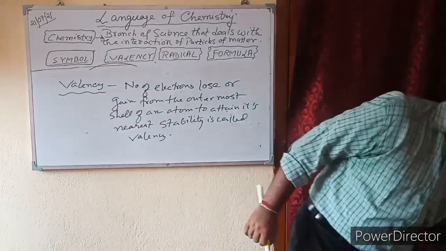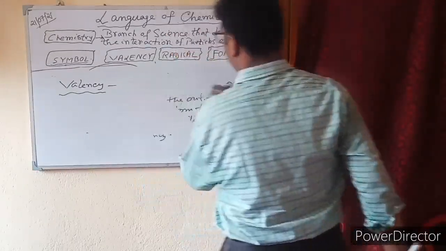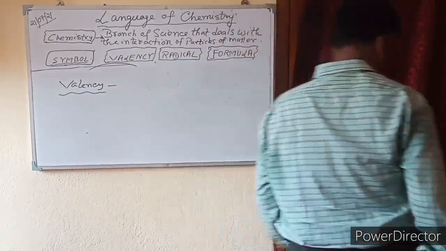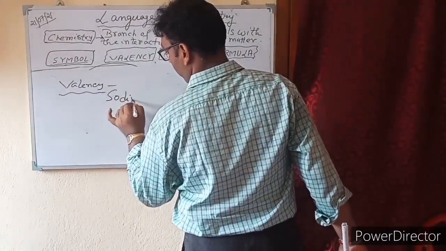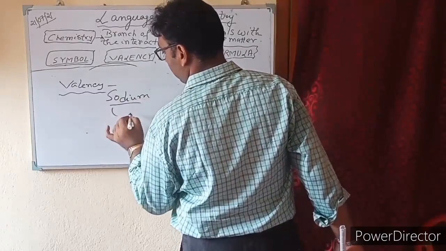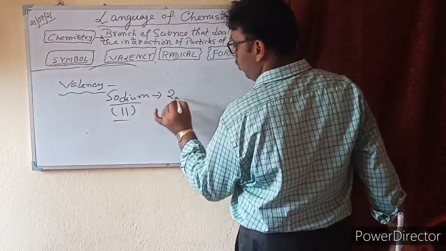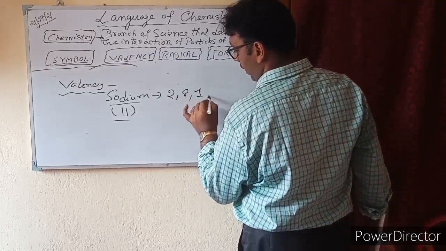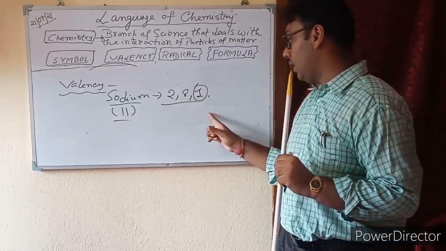Come to the example. Just for example, sodium. We all know that atomic number is 11. So electronic configuration 2, 8, 1. So in the outermost shell 1 electron is there.